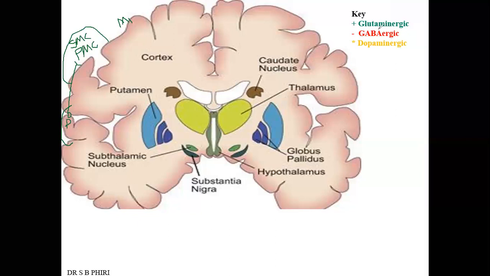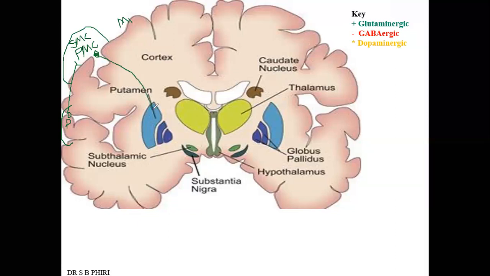Green shows that these neurons are releasing glutamate, which is stimulatory in function. So from the supplementary motor cortex and premotor cortex, we have a neuron. You have the cell body here within this cortex. Then it is sending an axon down here to the striatum.